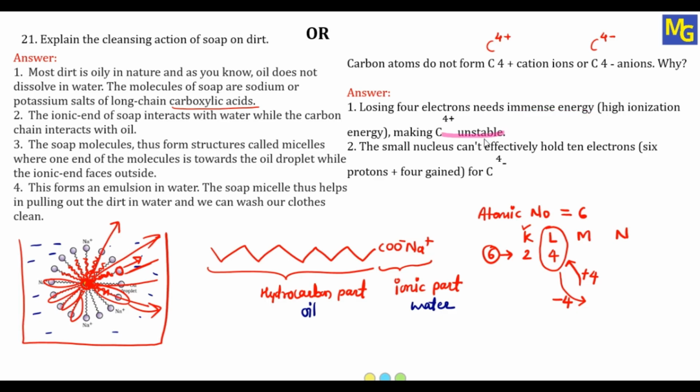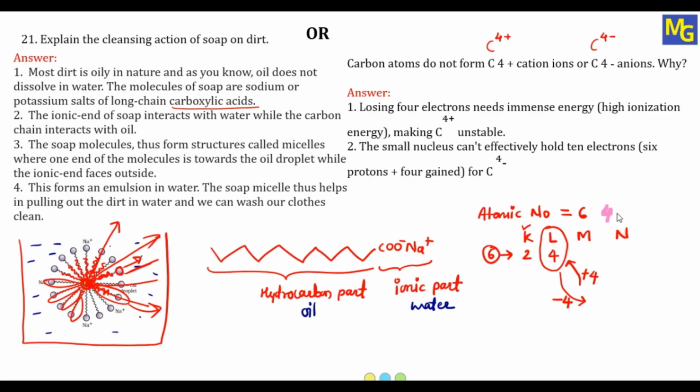Then what about the second option? Instead of losing, let this carbon take 4 electrons; it becomes 4 plus 4, 8. But see what happens. Carbon atomic number is 6, meaning carbon has 6 electrons as well as 6 protons. Inside the nucleus there are 6 protons and outside the nucleus there are 6 electrons. Now if we add another 4 electrons to make this 8, then outside, where there are already 6 electrons, it becomes 10.